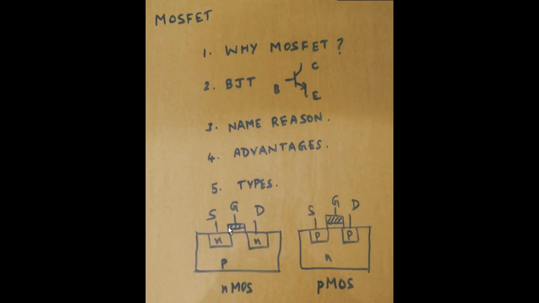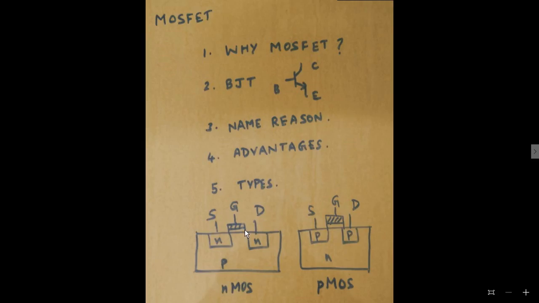Initially, when MOSFETs were introduced, this layer was made of a metal, and there was no polysilicon at that time. They later replaced it with polysilicon. Earlier, metal was used for this gate terminal. So the word metal came into the picture.